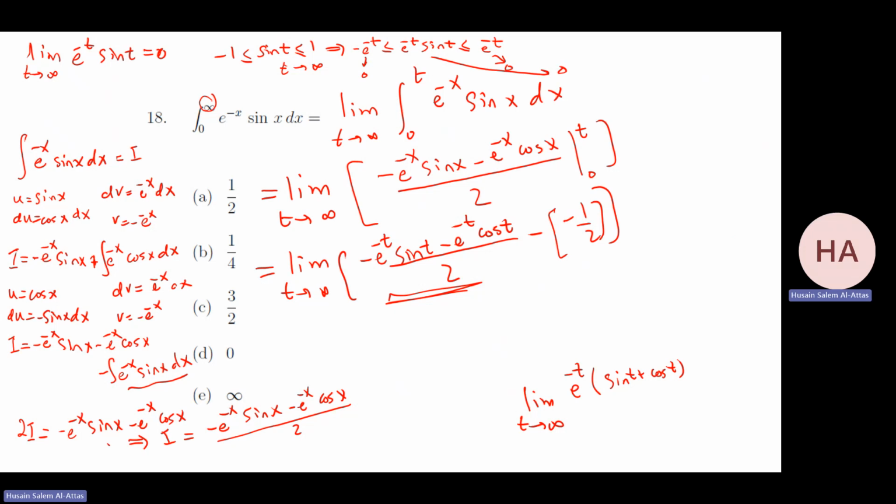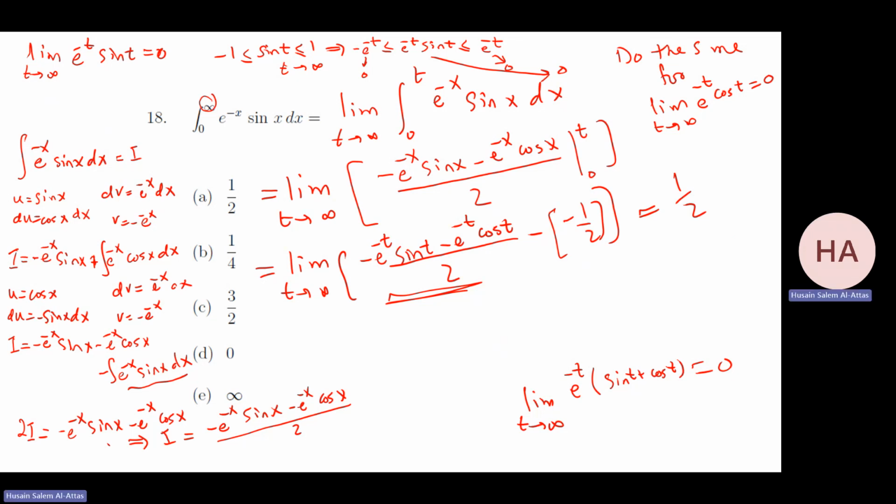So this goes to 0. Do the same for cosine. The limit as t goes to infinity of e to the minus t cosine t is equal to 0. So 0 plus 0. So the answer is half.